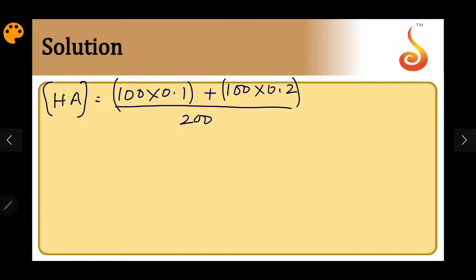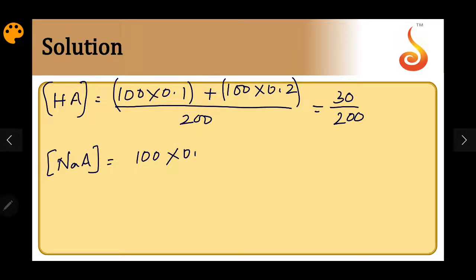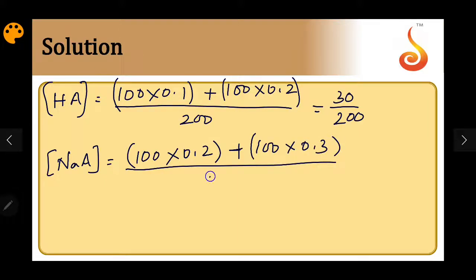So this is going to be 10 plus 20, 30 by 200. Same way if I take NaA, it is going to be 100 into 0.2, second buffer 100 into 0.3, divided by total volume 200. So 20 plus 30, 50 by 200.